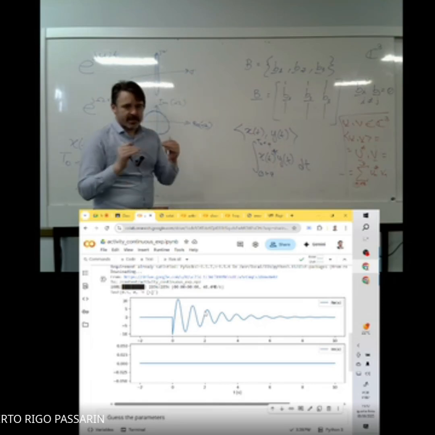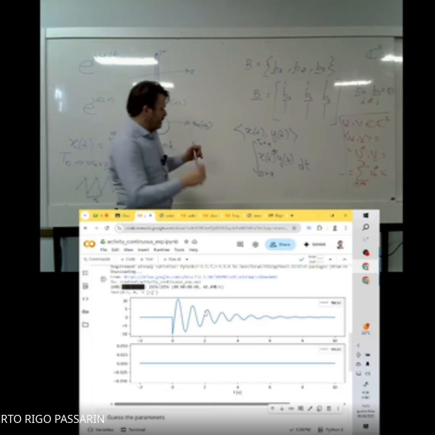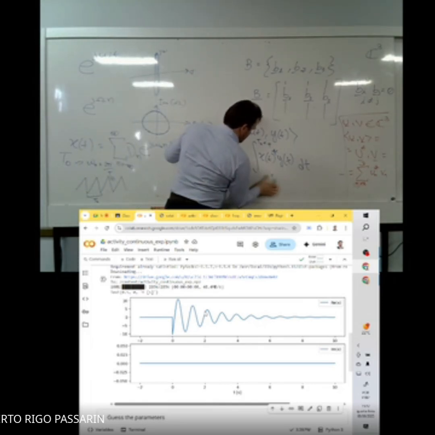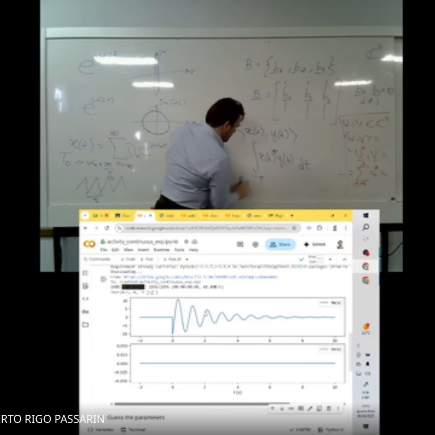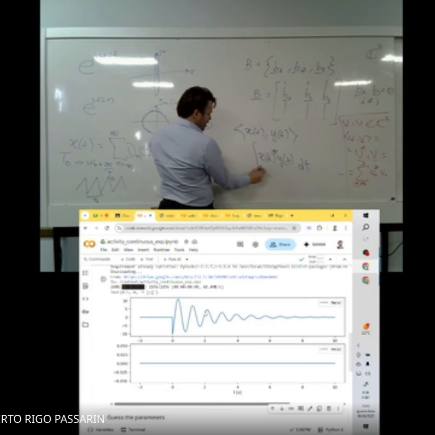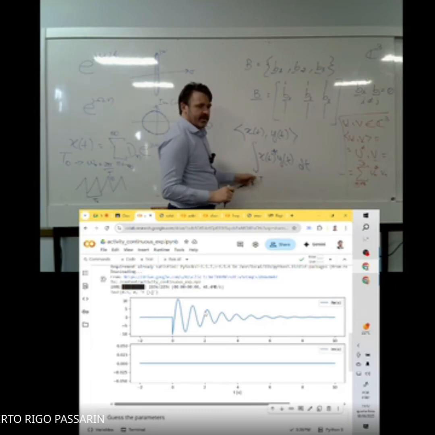I just have to integrate over one whole period. I can simplify this notation. I can do this, T. This is not a limit of integration. This is indicating that I'm doing the integral over one whole period.